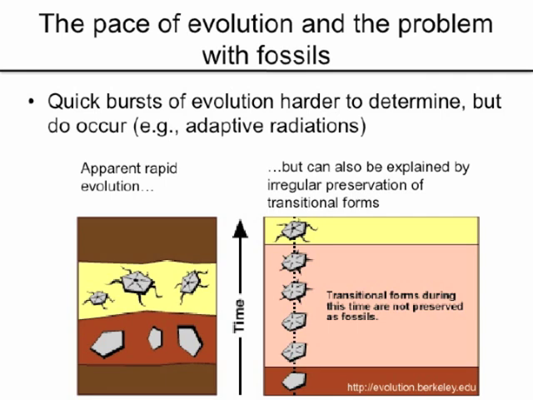So I was talking about this the other day in my office, that in order for an organism to become a fossil, there's a lot of chance events that have to happen. The organism has to die in a very specific place.